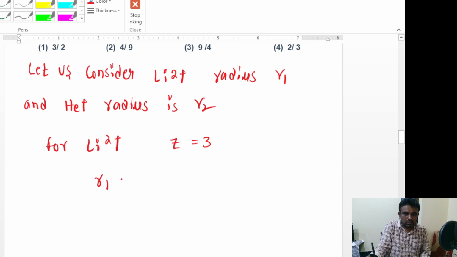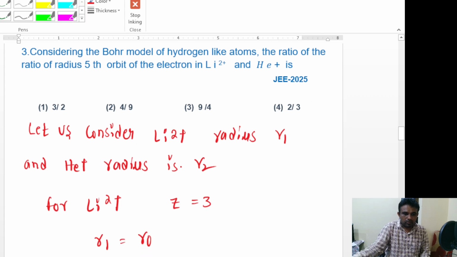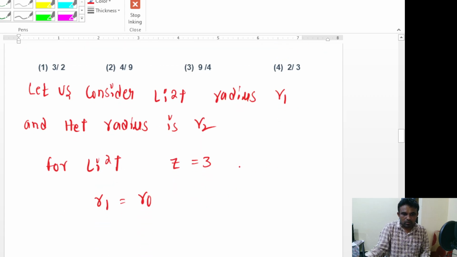So R1 is equal to R0 into n square by Z. In the question the fifth orbit is given, n is equal to 5. R0 into 5 square by 3, so R0 into 25 by 3.